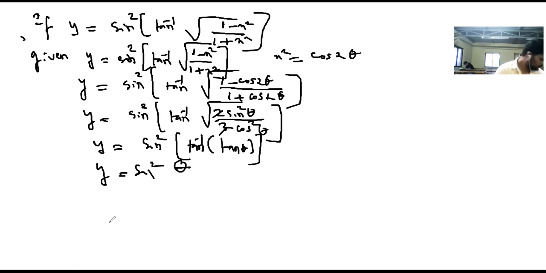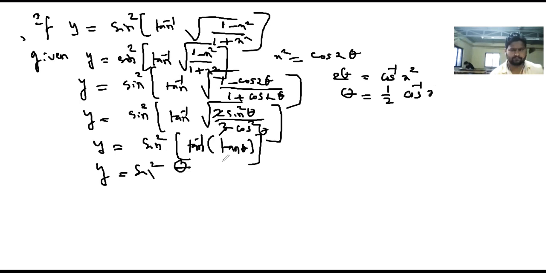Then how to solve now? You got y equal to sine square theta. Now what is theta from this? 2 theta is equal to cos inverse of x square. Then theta is equal to 1 by 2 cos inverse of x square.